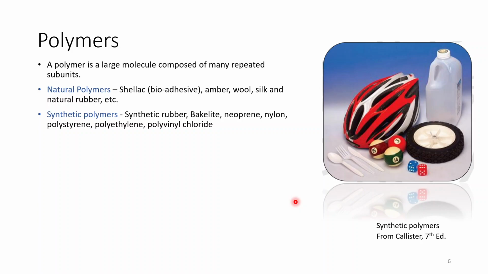Natural polymers include amber, wool, silk, natural rubber, etc. And synthetic polymers include synthetic rubber, bakelite, neoprene, nylon, polystyrene, polyethylene and PVC, etc. Some applications of polymers are in making bottles, tires, snooker balls, plastic spoons, etc.